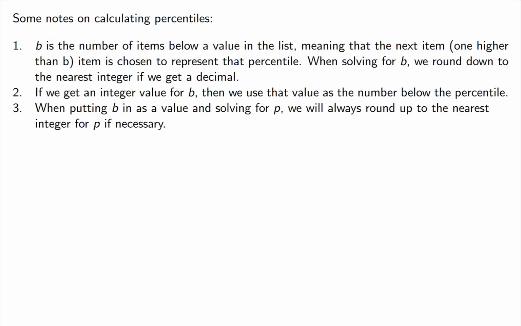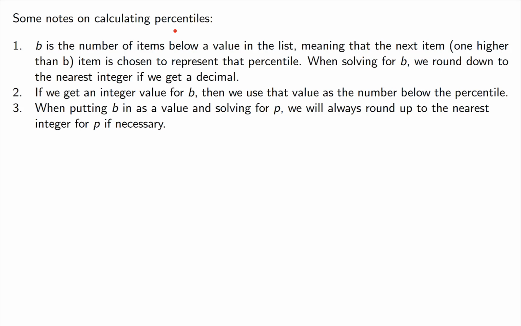Before we get to those examples, let's take a look at just a few notes. As I mentioned, B is going to be the number of items below a value in the list. So with that said, you're going to have the next item chosen to represent that percentile. So if you had 5 items below, then you would pick the 6th item. Also, when solving for B, sometimes B will come out as a decimal.